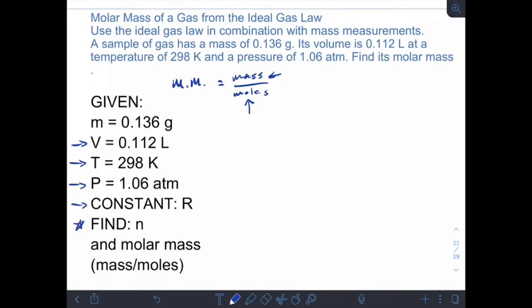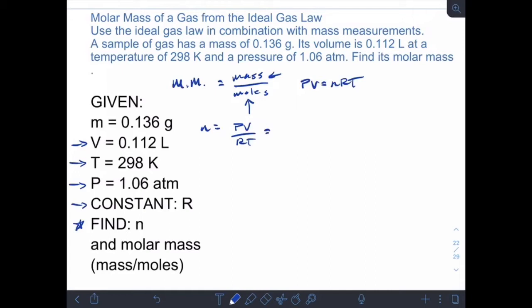I don't have anything changing in this equation, so that's usually a good way to start. Is there anything changing? The answer is no. So we're going to be looking at PV equals nRT, and we're going to rearrange to solve for n: n equals PV over RT.